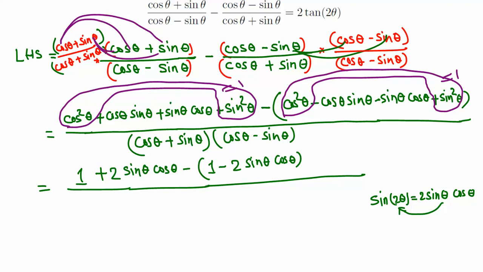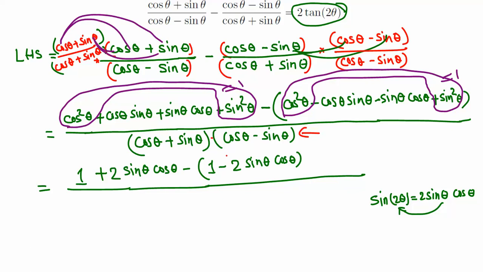So we'll have sine 2 theta on the top. We were supposed to get tangent, and tangent is sine over cosine. It looks like we get sine on the top and cosine on the bottom, but on the bottom we have cosine plus sine times cosine minus sine. So we need to multiply these two.